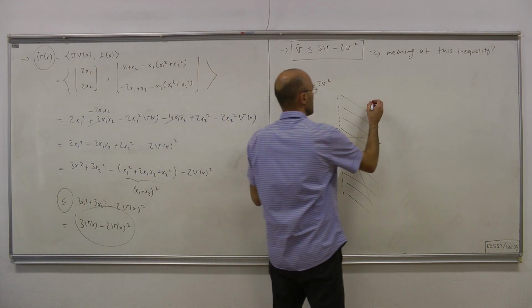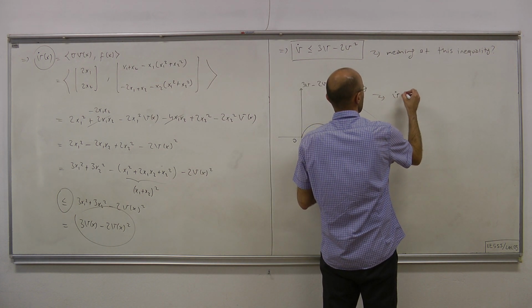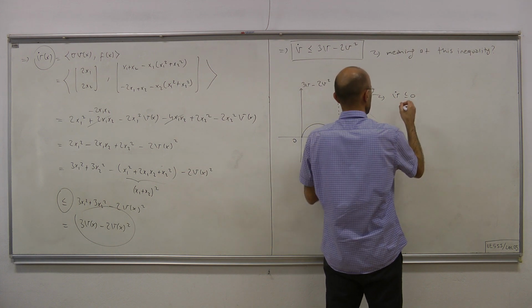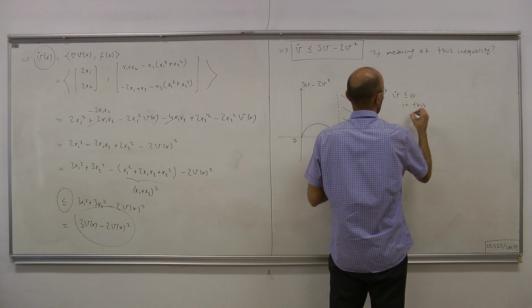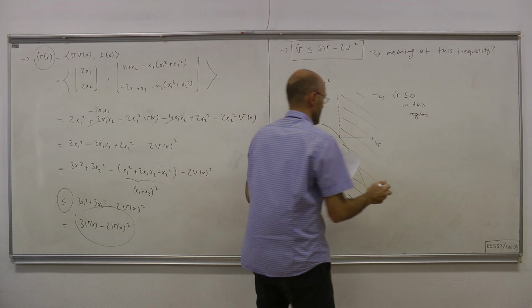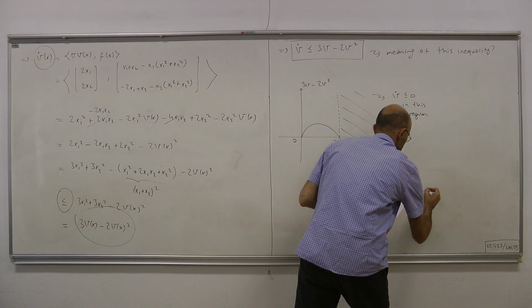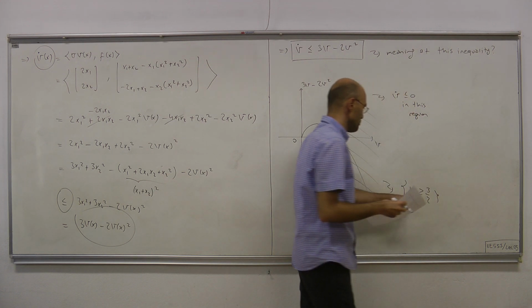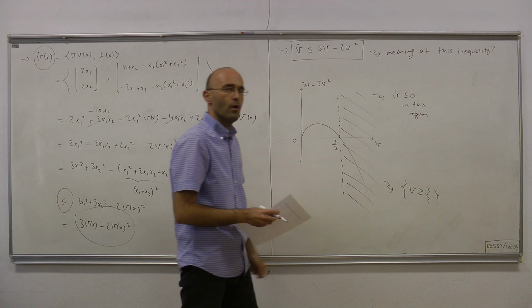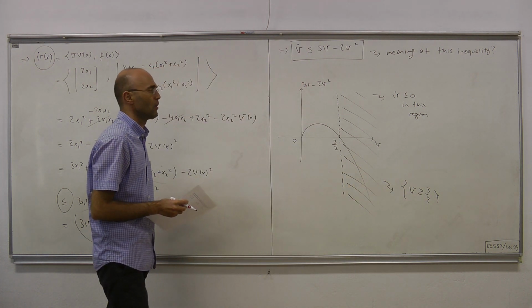Okay. So v dot is negative in this region. And this region is the region where v, or the norm square, is larger than 1.5, or the Euclidean norm is larger than square root of 1.5.